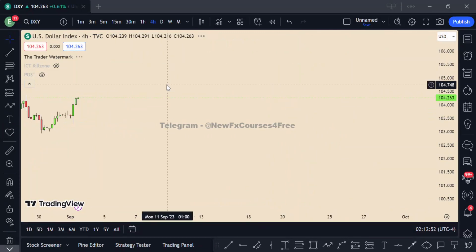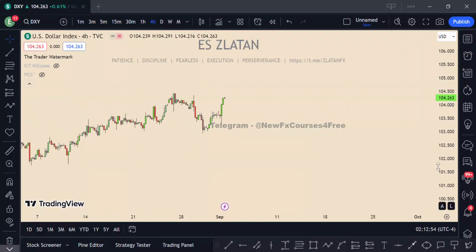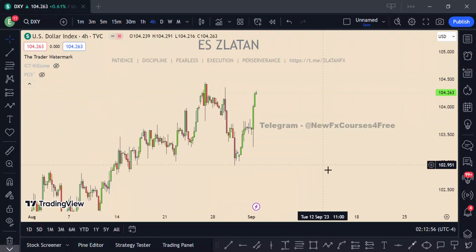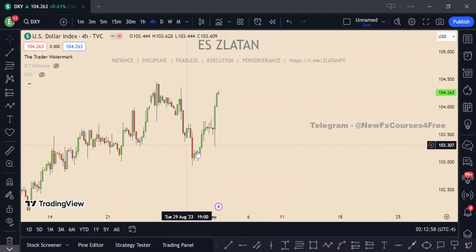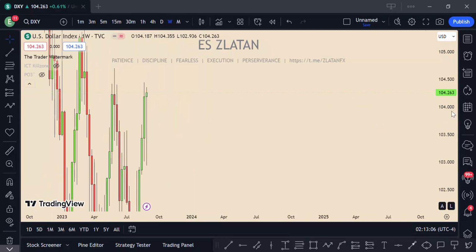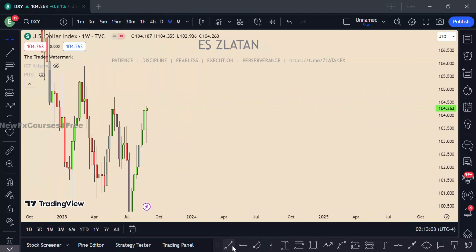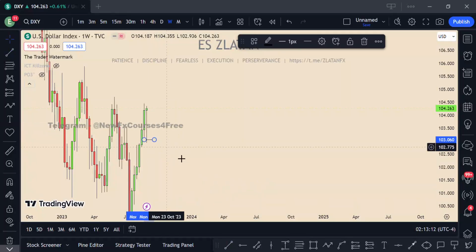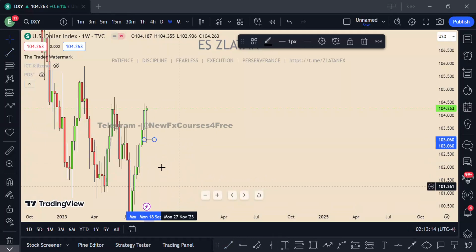Let's go into the examples we are actually using. Okay, let's use these two right here. So now we have a daily fair value gap right here.